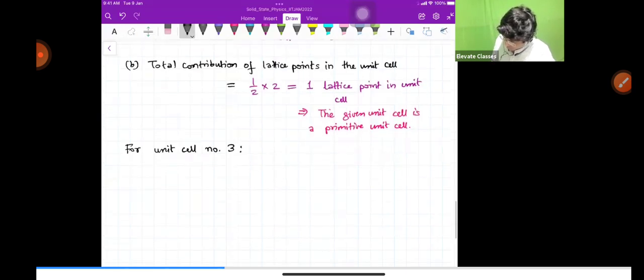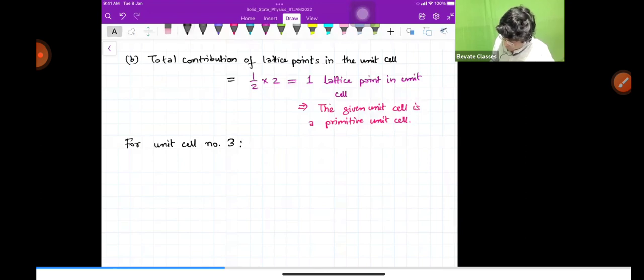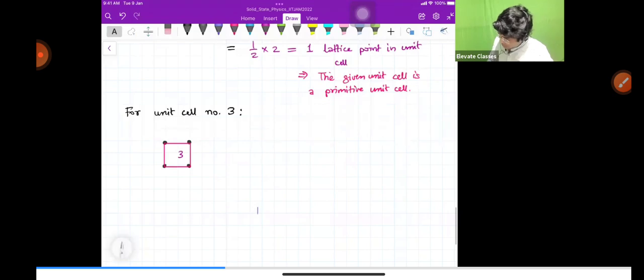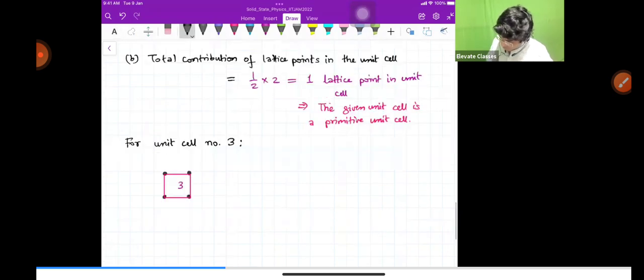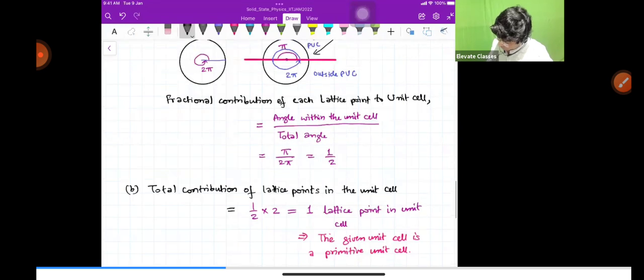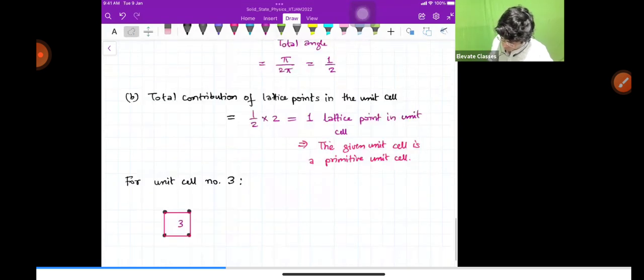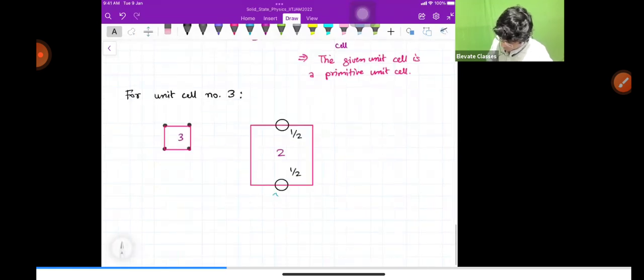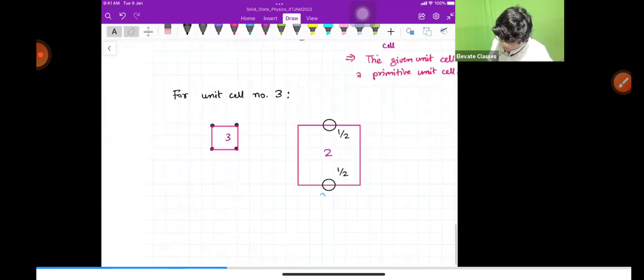So I'll just bring it here. If you just zoom in, I'll reuse the diagram from here, same component.